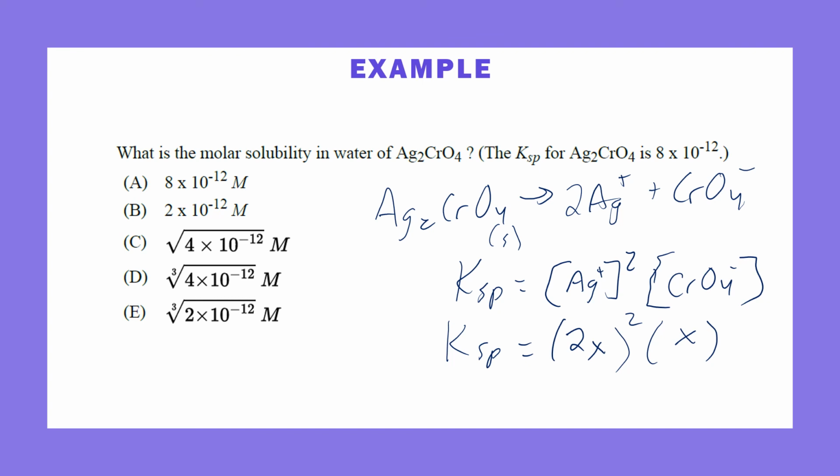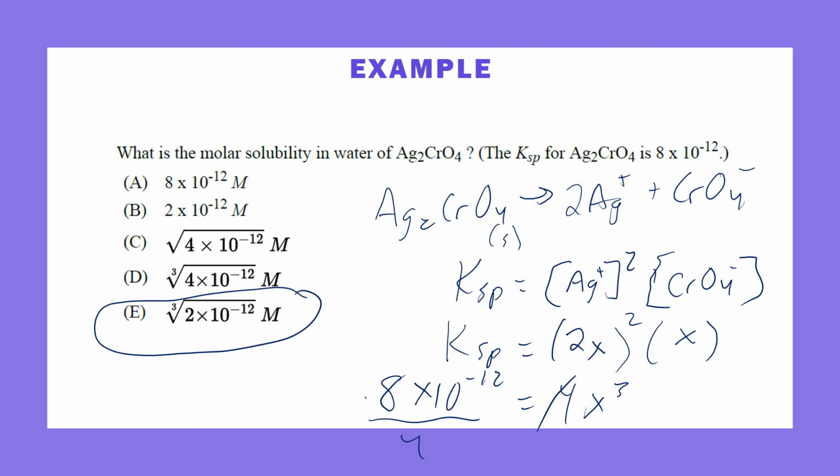So if I were to rearrange this, we have 8 times 10 to the negative 12. And let's simplify this down. This is 4x cubed. So you would go ahead and divide this by 4 and then take the cube root. So you would get this answer here, E, because 8 divided by 4 is 2. So 2 times 10 to the negative 12, and then the cube root.